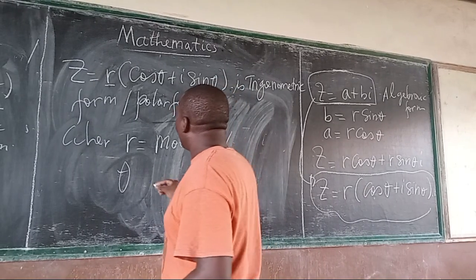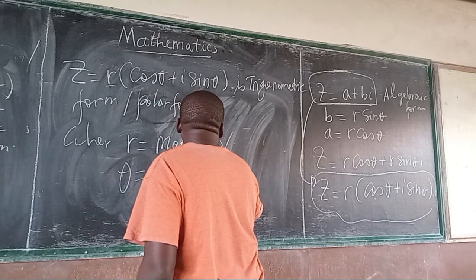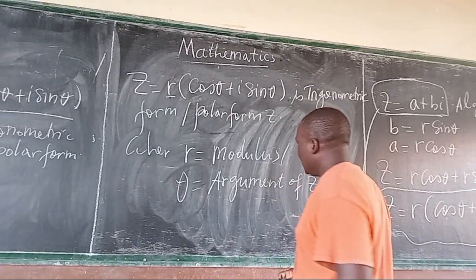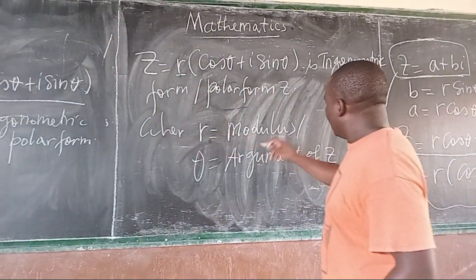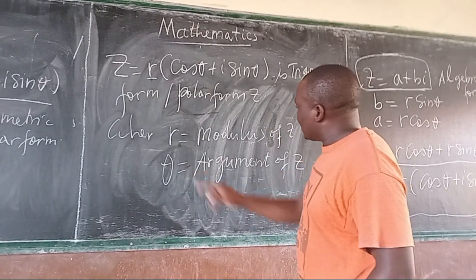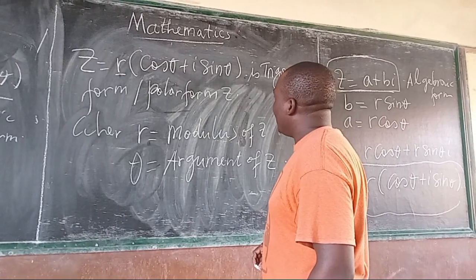Theta stands for the argument of complex number z. r stands for the modulus of complex number z, and theta stands for the argument of complex number z.